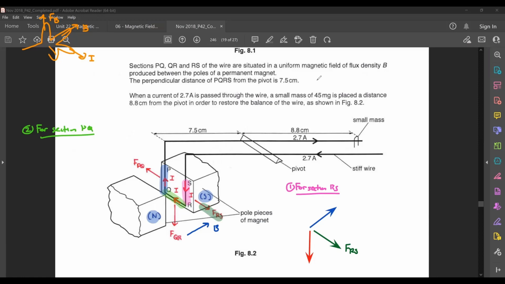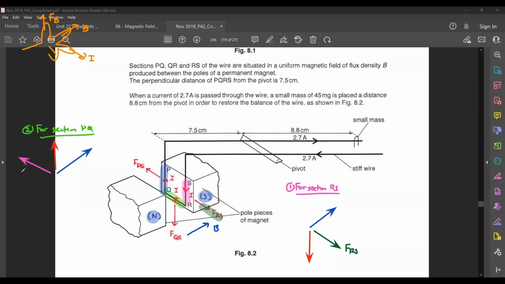The direction of my magnetic field is going to be like this, but the direction of my current is going to be outwards. So now if I were to orientate my left hand according to Fleming's left hand rule, I ought to be getting a magnetic force that is actually pointing in this direction here.